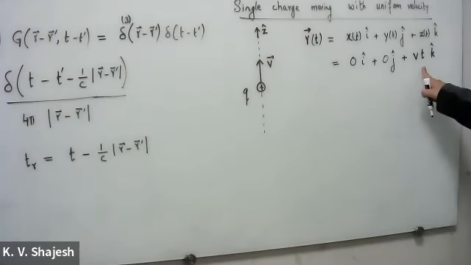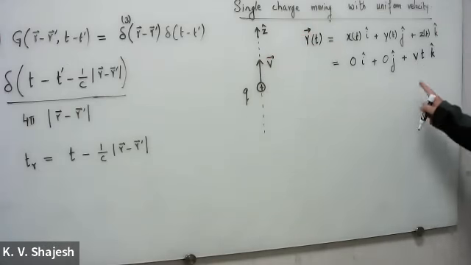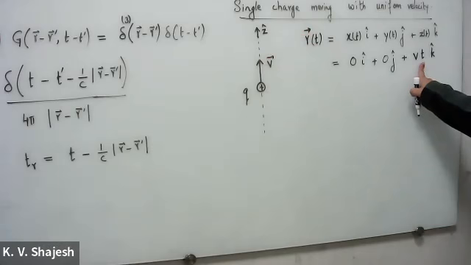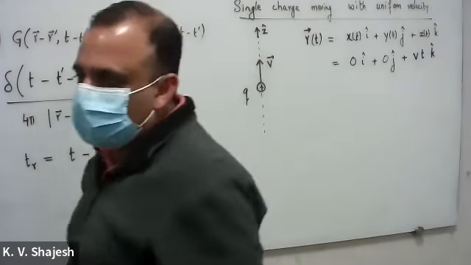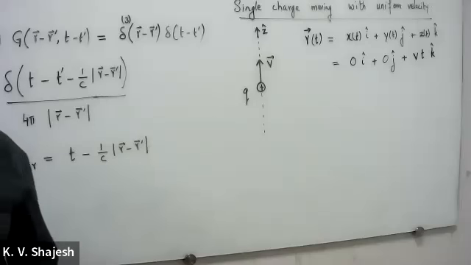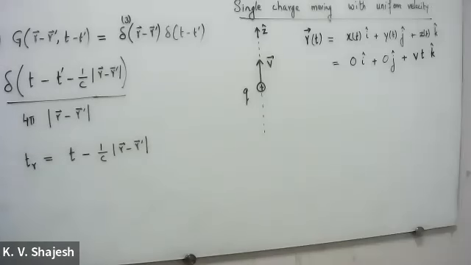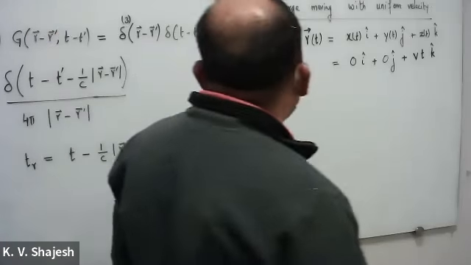This has the added feature that at t equal to 0, it is at the origin. So we are talking about a point charge that's moving on the z-axis with uniform velocity in such a way that at t equal to 0, it's at the origin.